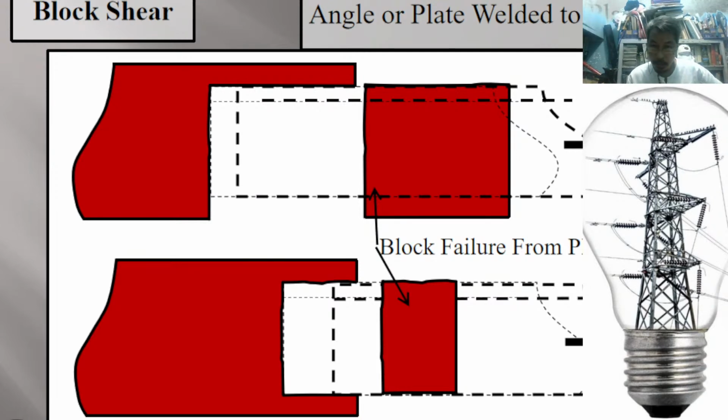So they observe those types of failures, they observe those failed elements, and they think of a way to explain it. Okay, so that's how we engineers do it.